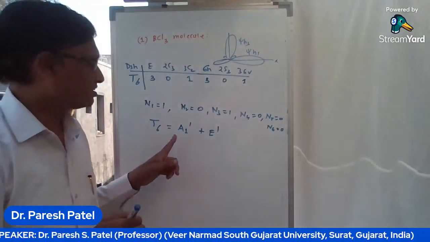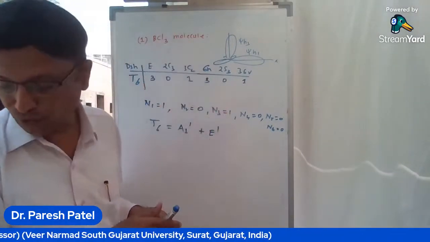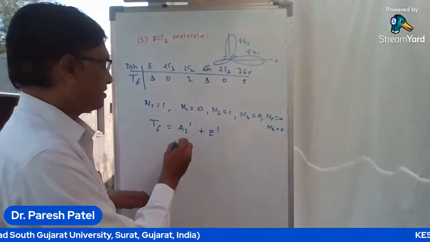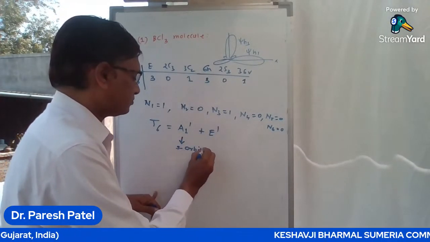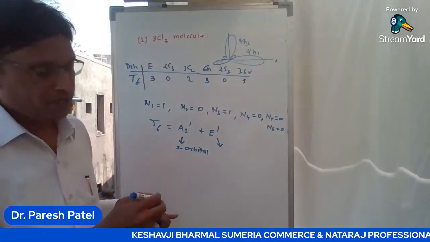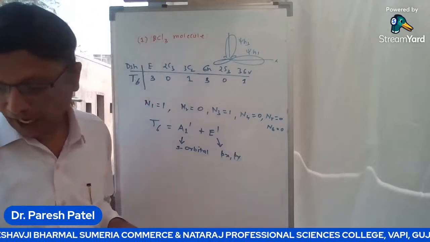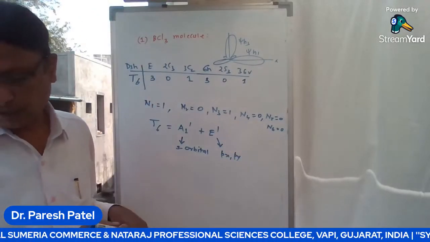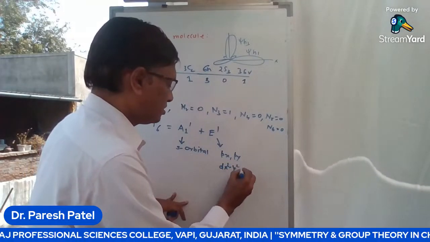If we compare the character table, in the third and fourth areas we get the contribution from the s orbital, px and py, and dx square minus y square and dxy.